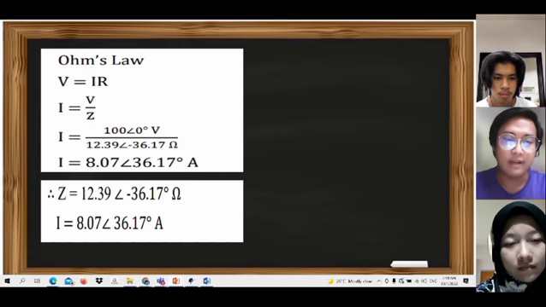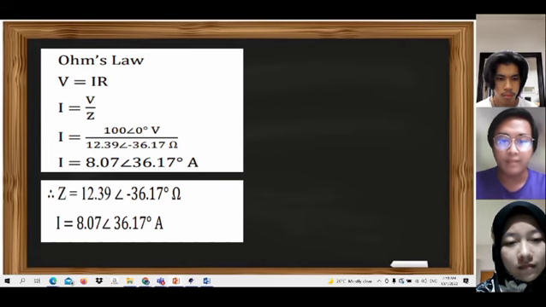In polar form division, the magnitudes are divided, 100 divided by 12.39, while the angles are subtracted from each other. So we got 0 minus negative 36.17, which gives a positive value. Therefore, the current is 8.07 at an angle of 36.17 ampere in polar form.